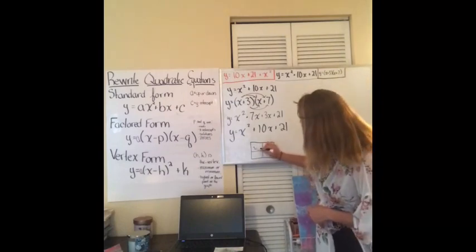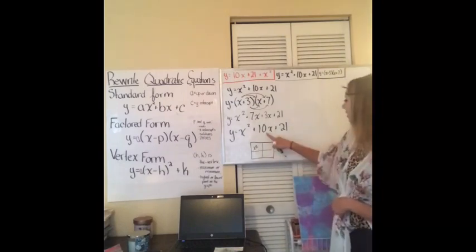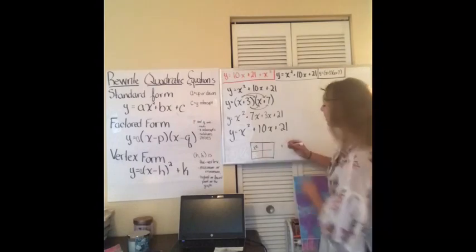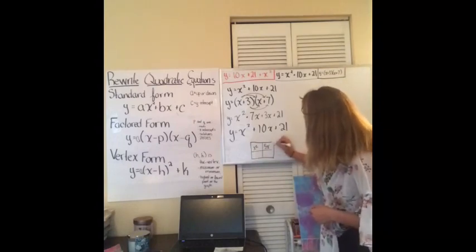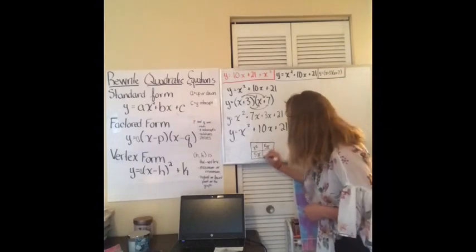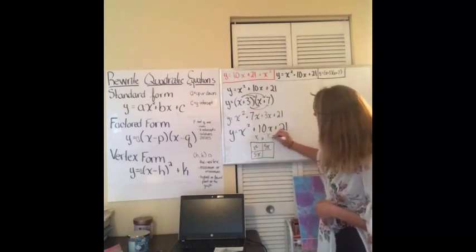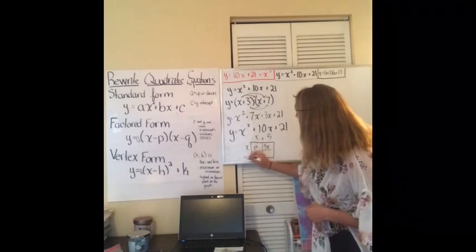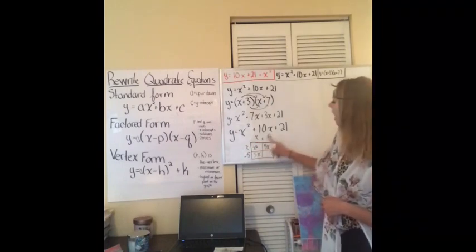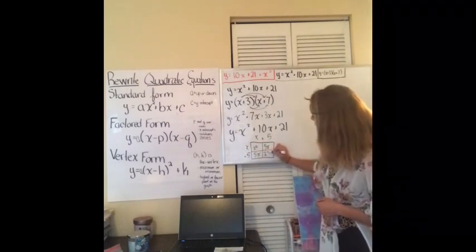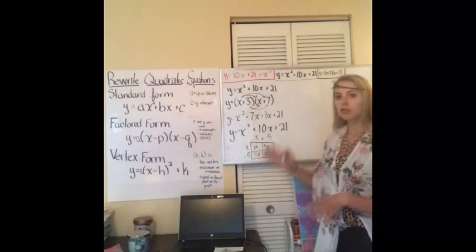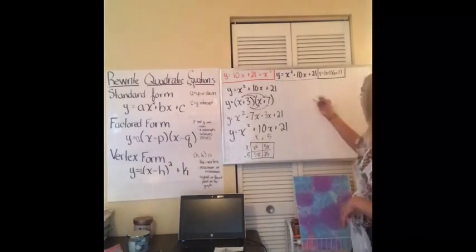So I have my x squared represented. My 10x goes in both of these boxes, so I end up with 5x and 5x. That means that across the top, we would have x plus 5 and x plus 5, and 5 times 5 is 25.